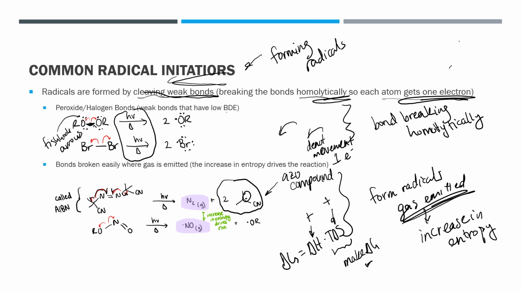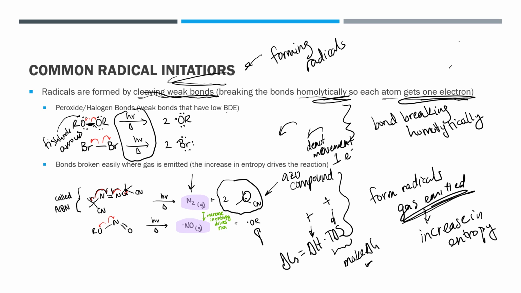The release of nitrogen, N2 gas, is what drives our reaction forward. So with azo compounds and a little bit of heat, you're going to break the bonds between the nitrogen and the carbon here, and on the other side as well, and you're going to form nitrogen gas and two radicals.